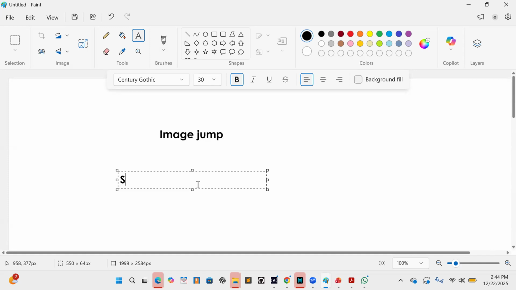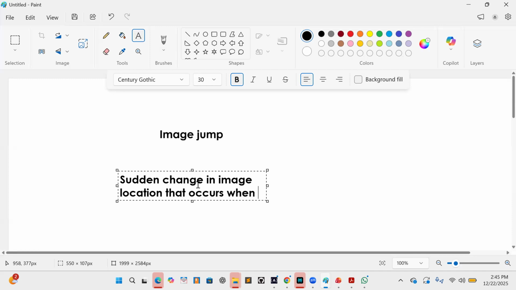So it's a sudden change in image location that occurs when gaze shifts from distance to near.